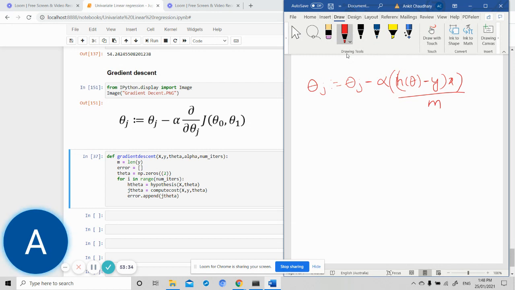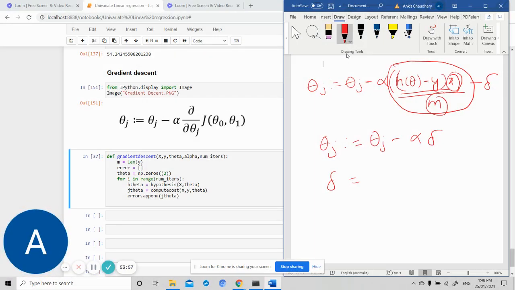Okay, so we need to generate this equation. So let's say if we give this delta, theta j will be theta j minus alpha delta. So in delta we need to subtract this and do multiplication with this and then divide with this.